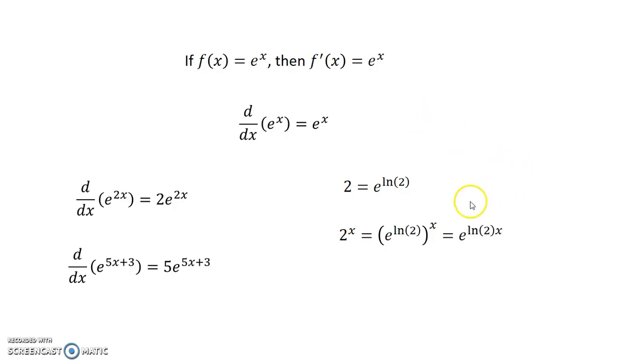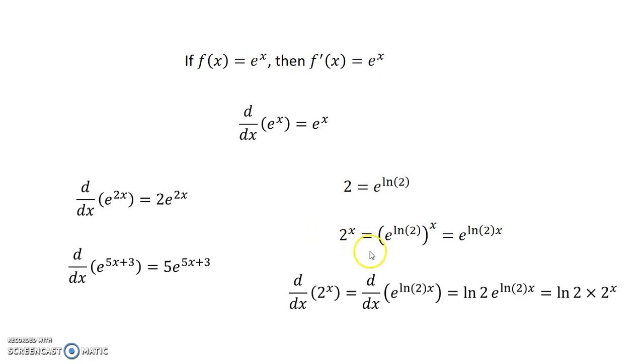So just like what we've done over here on the left, when we differentiate this, we use the chain rule just the same. And we get ln 2 times 2 to the power x, or ln 2 times e to the ln 2 to the x, which will be 2 to the x.